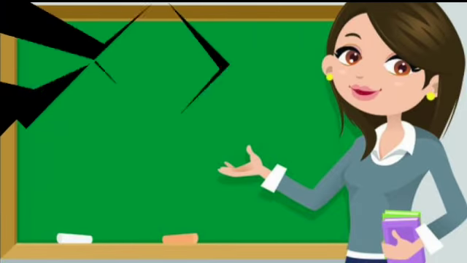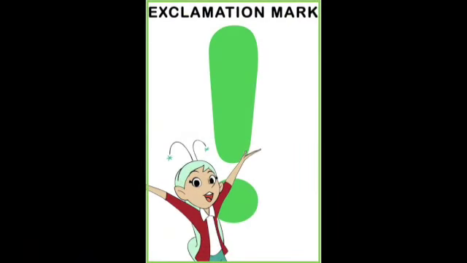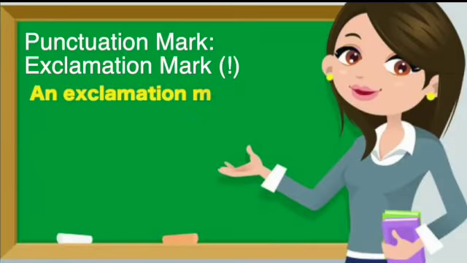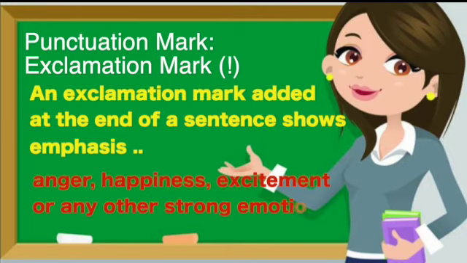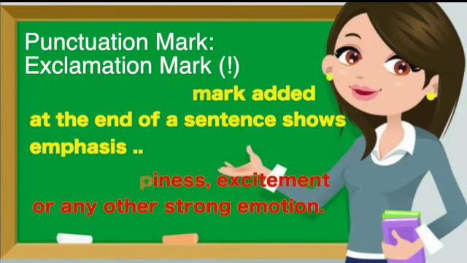The next punctuation mark is exclamation mark. An exclamation mark added at the end of the sentence shows emphasis depending on the meaning of the sentence. It can indicate anger, happiness, excitement, or any other strong emotion.